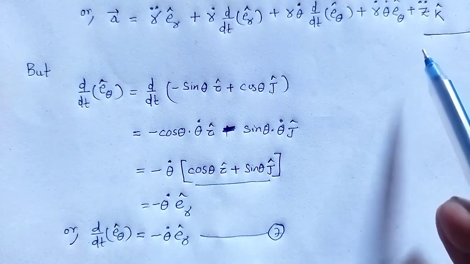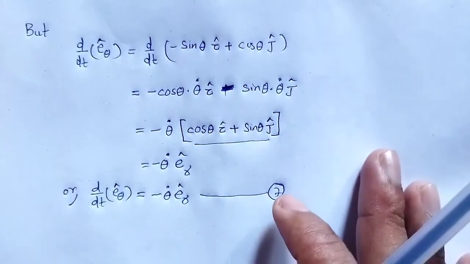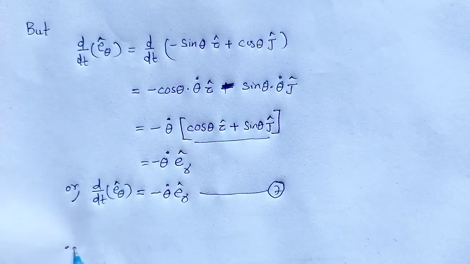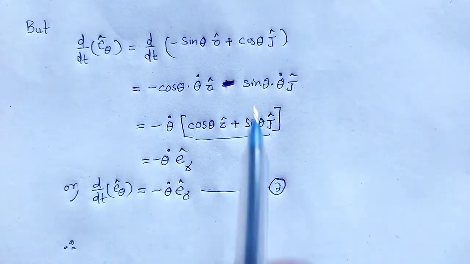So equation 6 becomes, now therefore we can write equation 6, the acceleration in terms of cylindrical coordinates.